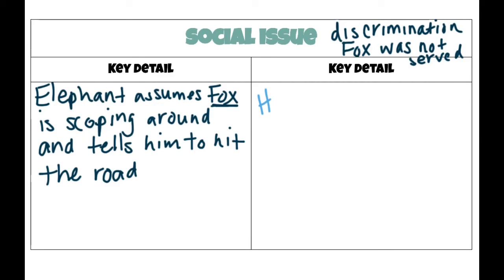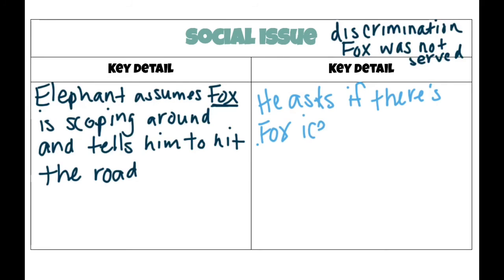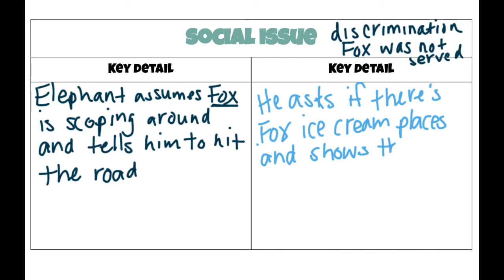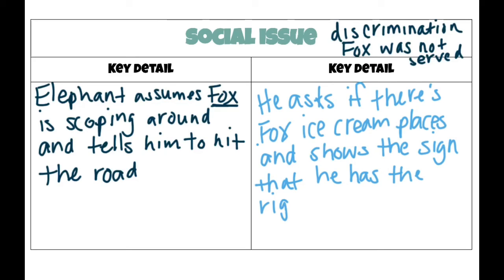He even asked him if there's Fox ice cream places, and shows the sign that he has the right to serve who he wants.